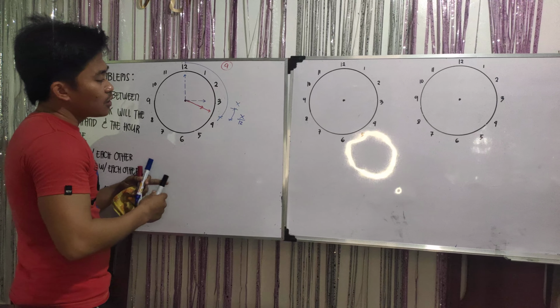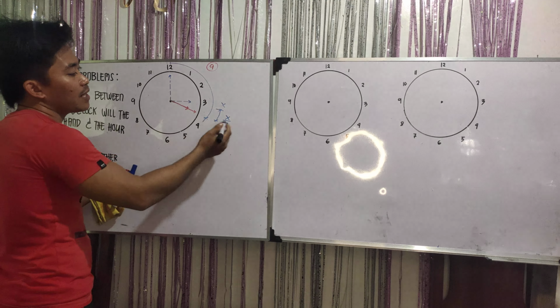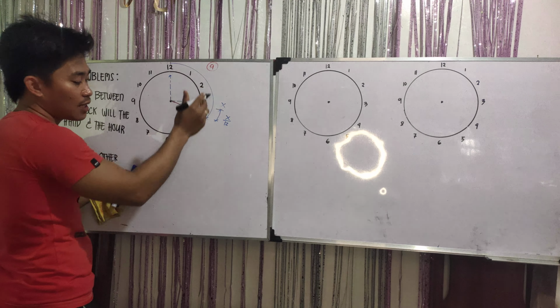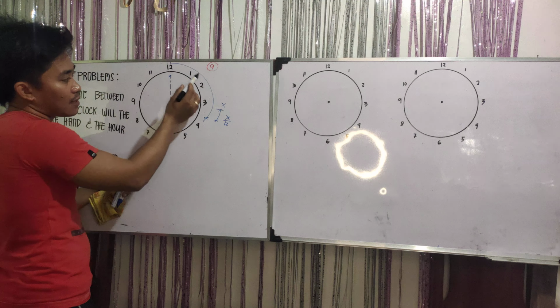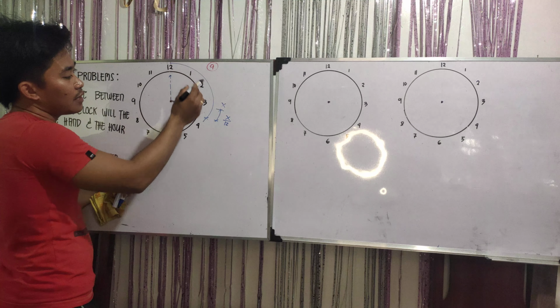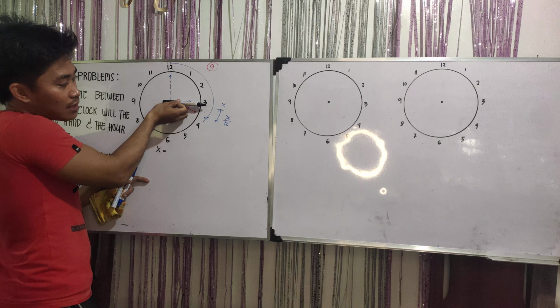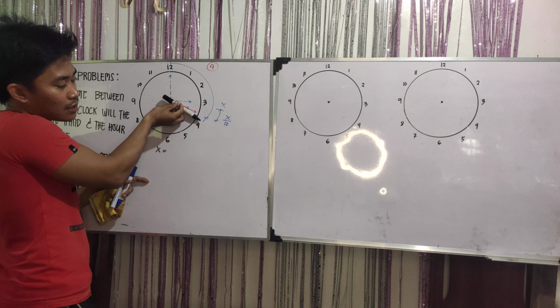Now, to solve for X, you need to formulate the equation that relates to X so you can solve it. Let's say this is X. So, X therefore is 90 degrees, which is 15 minutes, plus X over 12.